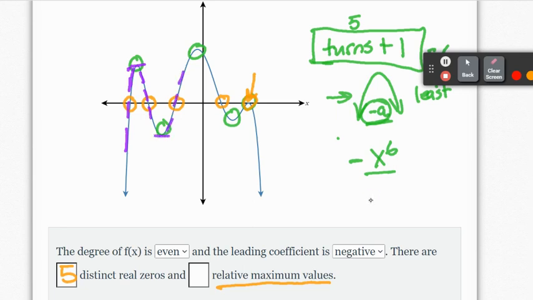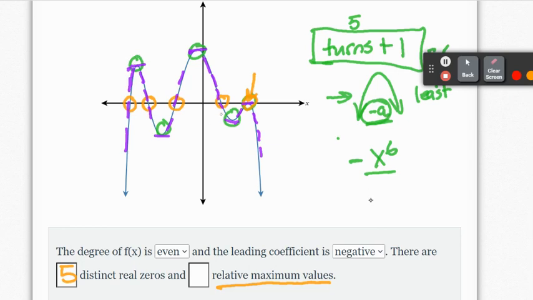Anytime the pencil goes sideways, if you are just tracking your pencil along the graph, that's a moment where the tangent line is 0. The turning point, if you will.